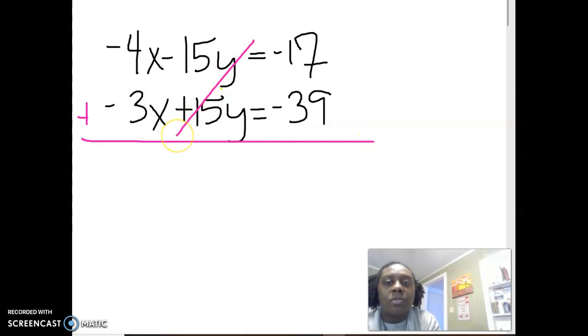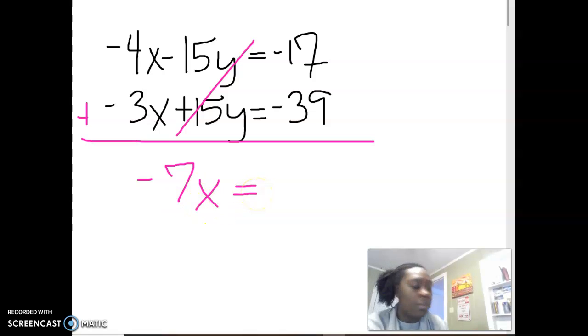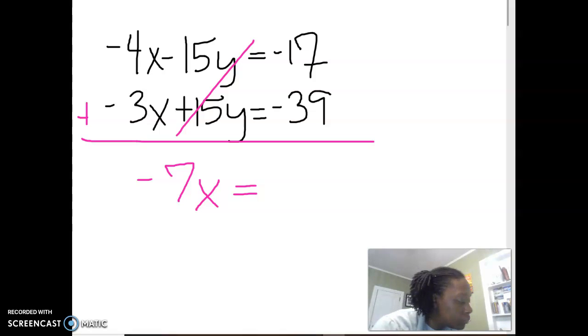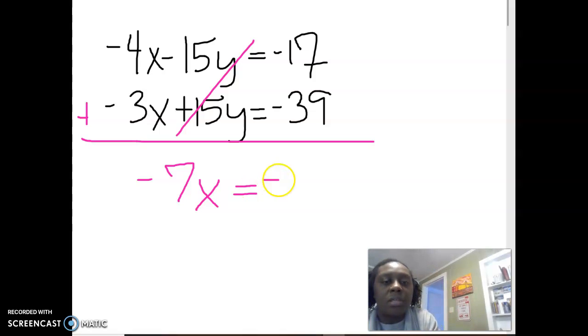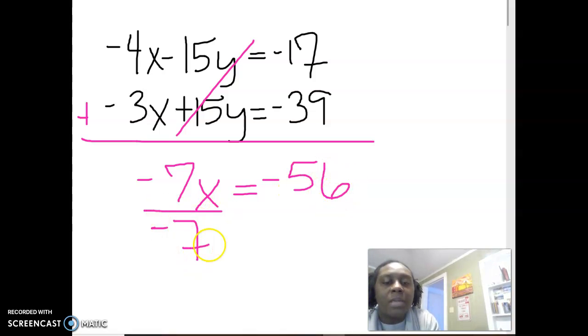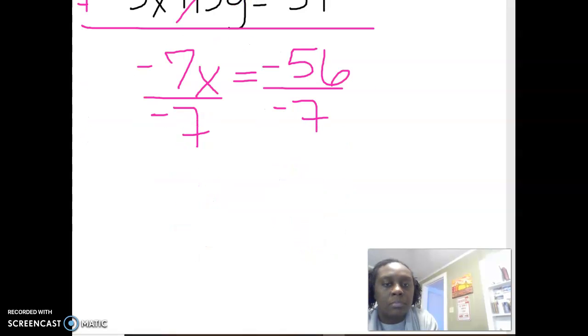The y's cancel. Negative 4 plus negative 3 gives me a negative 7x equals negative 17 minus 39, which is negative 56. And then I'm going to divide both sides by 7. So those cancel, and we have x equals 8.